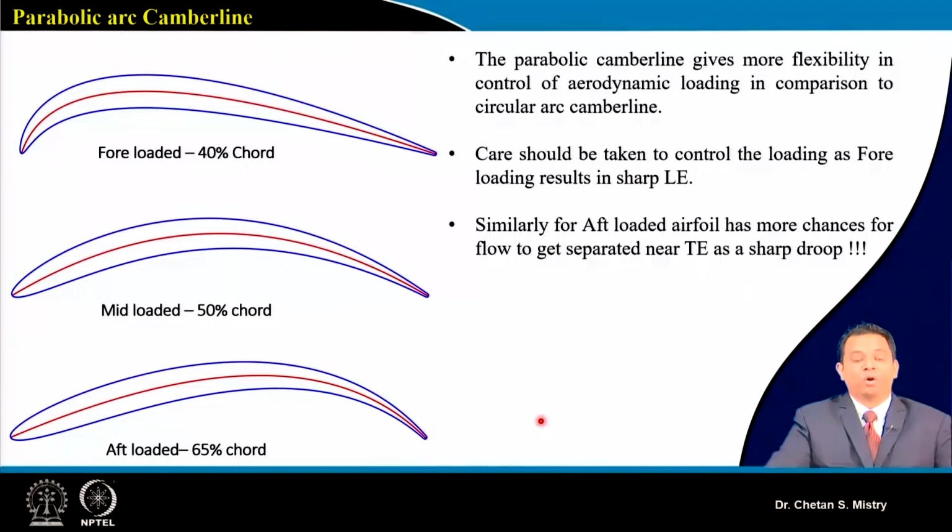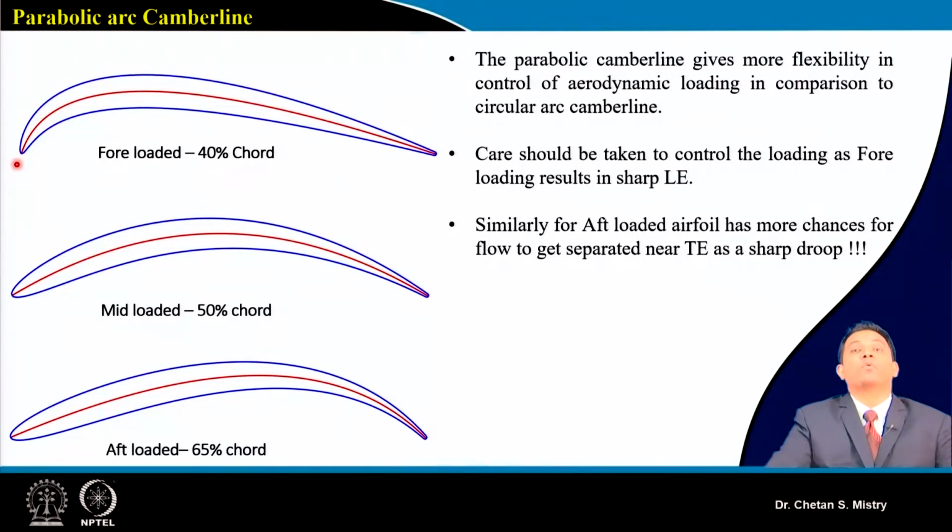Now, what is the beauty of this camber line? Let's see. Here, this represents a front loaded configuration. It says front loaded at 40% of chord, which has a specific meaning. Here, we know our fundamentals. Suppose my flow is incident here. What is happening on our suction surface?